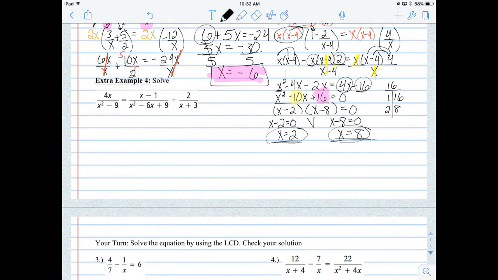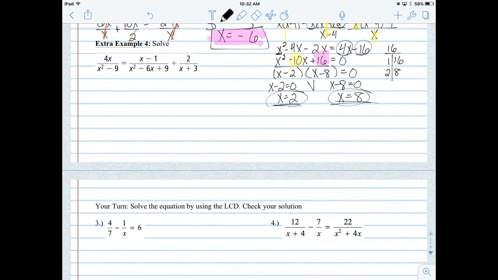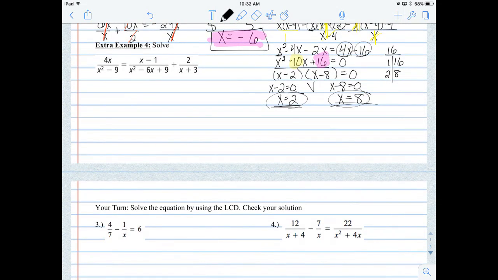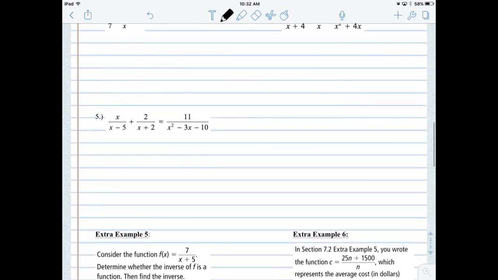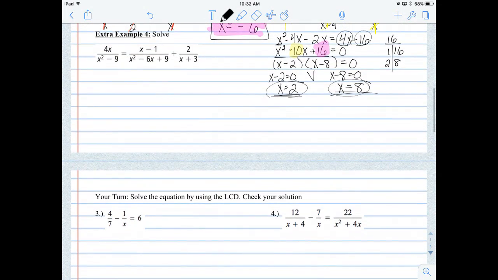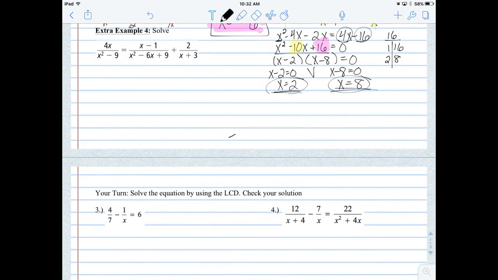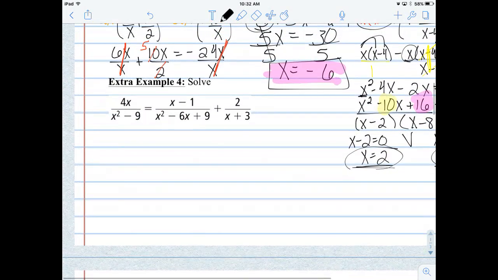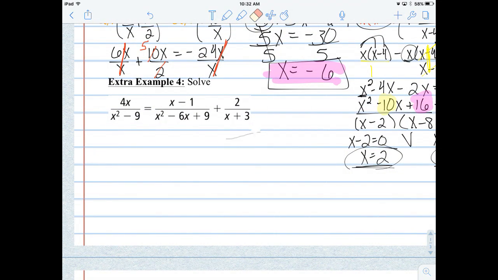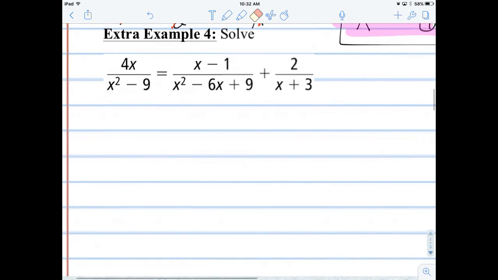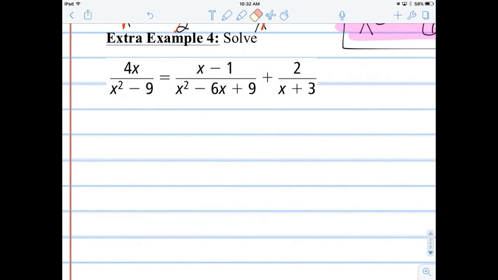Okay, so we've got one more example here before we do some your turn problems. And this is where it's a lot harder to see right off what to use for a common denominator. I notice that things factor. This denominator right here will factor, it's a difference of squares.